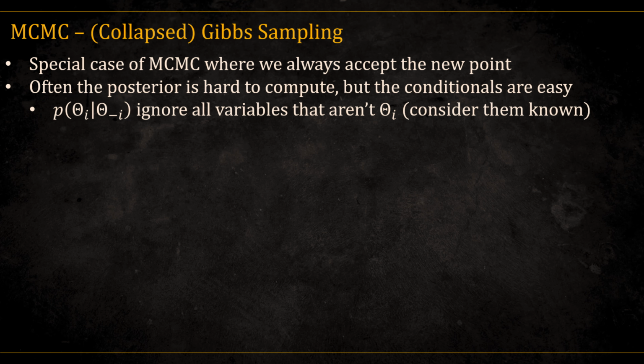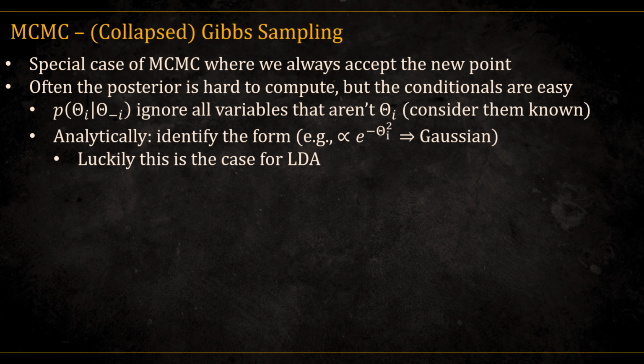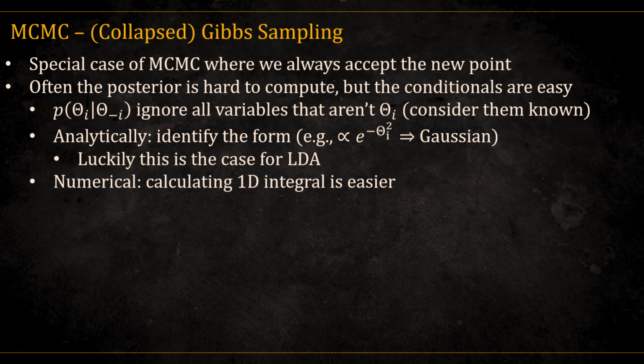We can essentially ignore all variables that aren't theta_i in the expression and consider them as known. Usually this is easier to compute because we can identify the form of the distribution and the parameters. And luckily this is the case for LDA. Sometimes, even if we can't identify the form, it's still easier to compute using numerical methods.